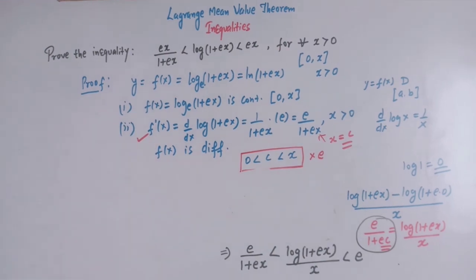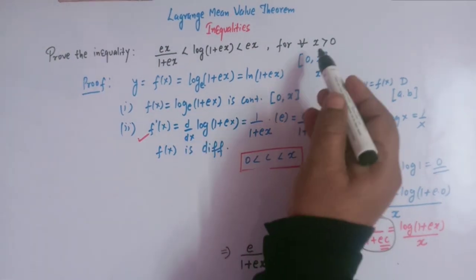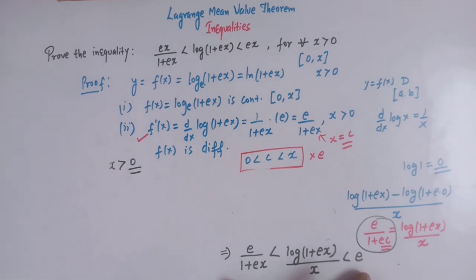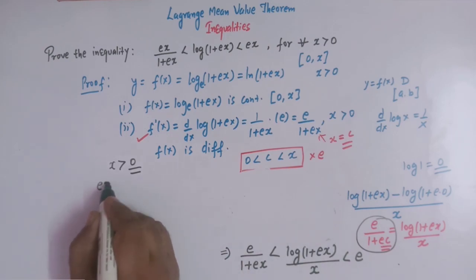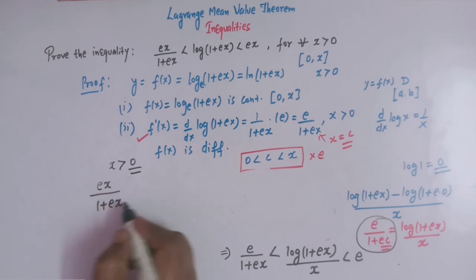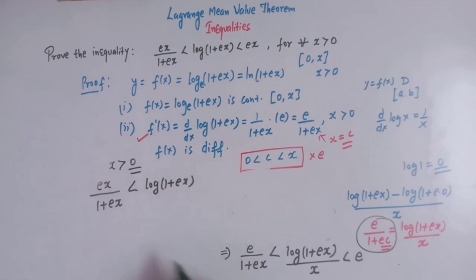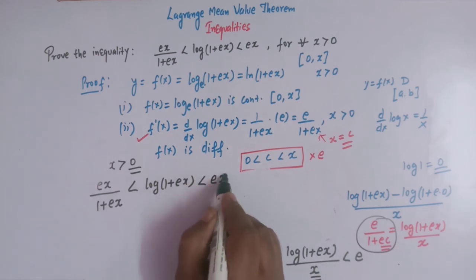Okay, so now we have this inequality, and see here x is a positive number, right? See here we have x greater than 0, so what we can do, we can safely multiply throughout by x, right? So when we throughout multiply by x, what we will get, we have ex over 1 plus ex, and here we have a log of 1 plus ex, because here x get cancelled, and here we'll get ex, right?